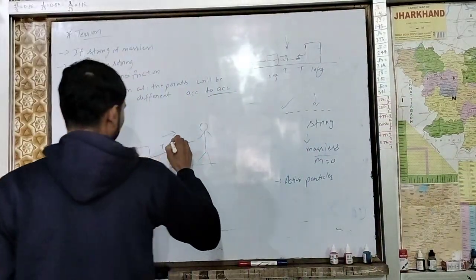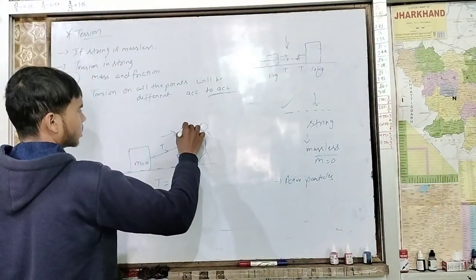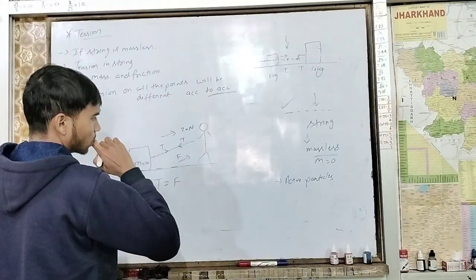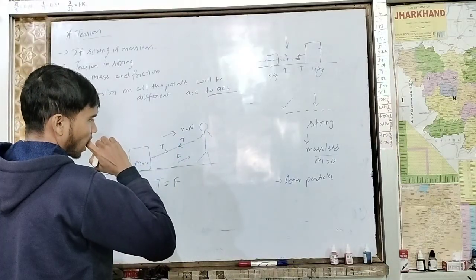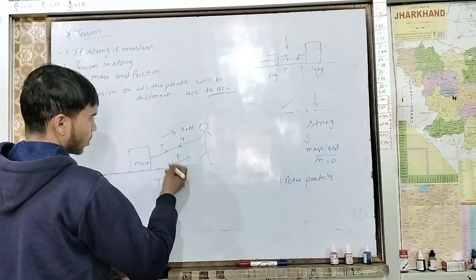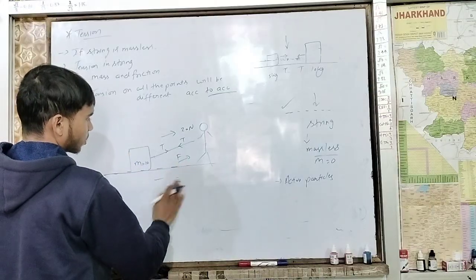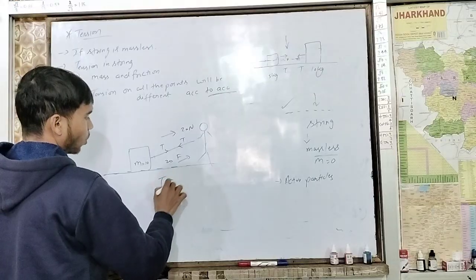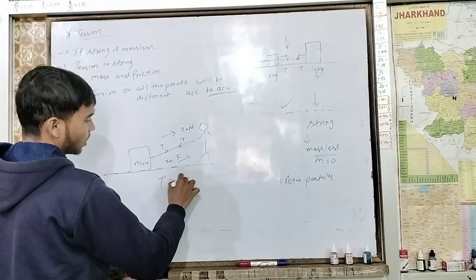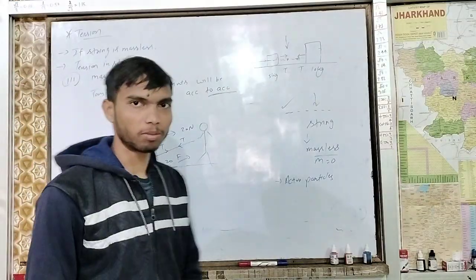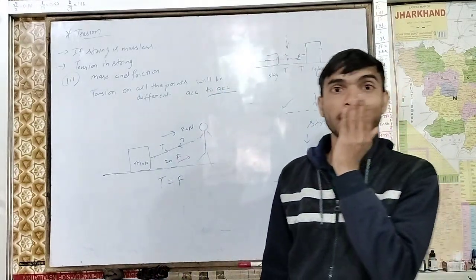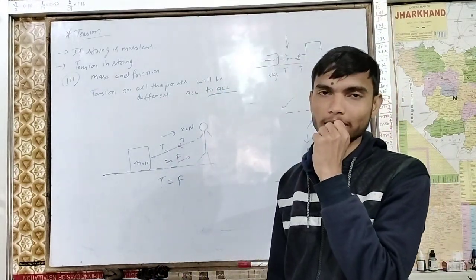Whatever the value is, for example, over here tension is 20 Newton and force is 20. Both will be the same. Whatever the value of T will be equal to F. Try to understand, both are not different.